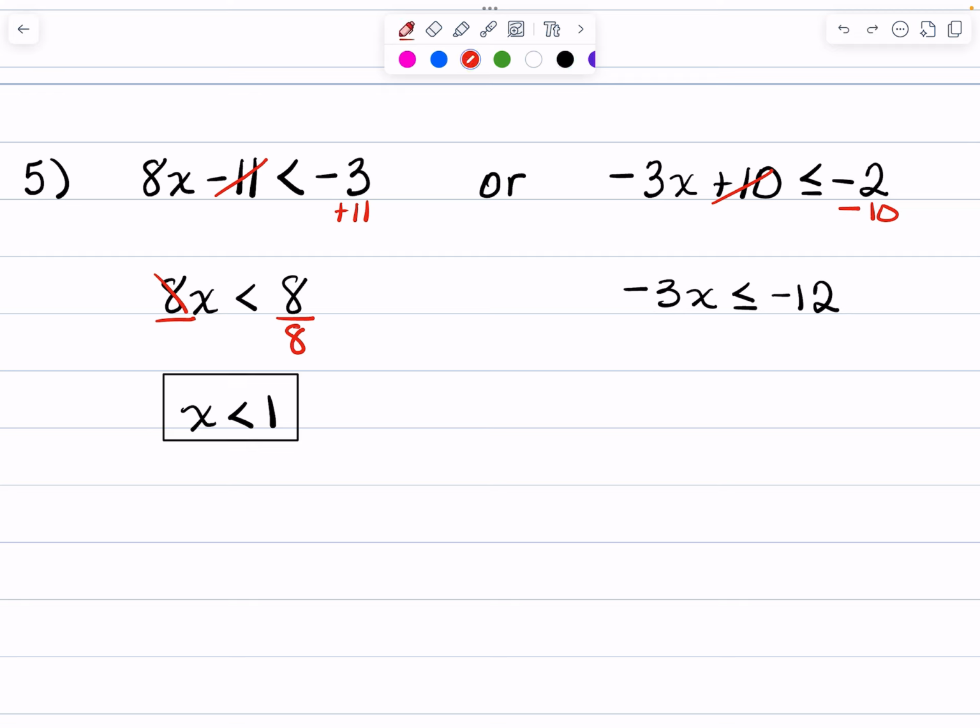Now instead of being -3 times x, we're going to divide by -3. Because we're dividing by a negative, we need to pay attention to flipping or reversing our inequality. So we are going to be left with x is now greater than or equal to 4.